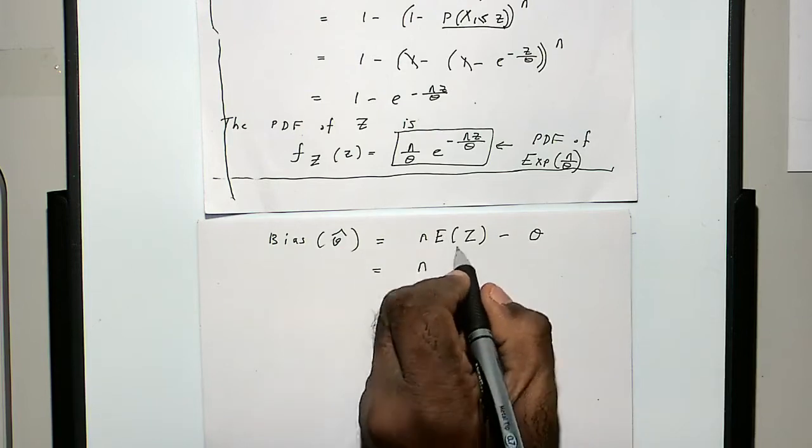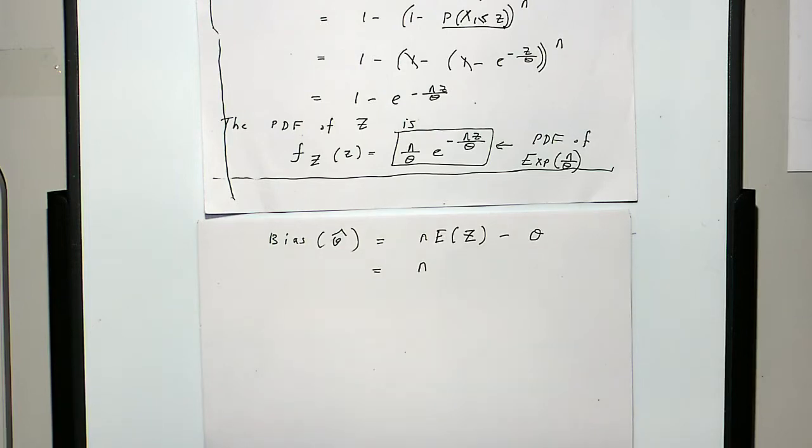And one property of an exponential, these are things you don't need to remember unless they are in the formula sheet. If you go to this link here, a property of an exponential distribution is that the expectation is 1 over lambda.